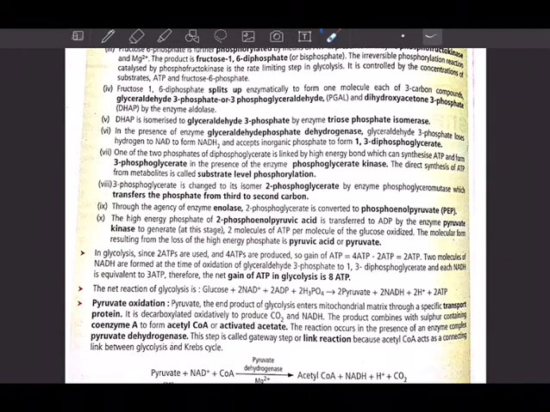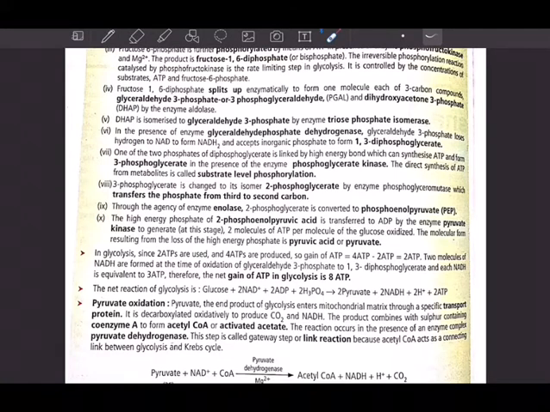Next, one of the two phosphates of diphosphoglycerate is linked by a high energy bond that can synthesize ATP and form 3-phosphoglycerate in the presence of the enzyme phosphoglycerate kinase. The direct synthesis of ATP from metabolites is called substrate level phosphorylation.